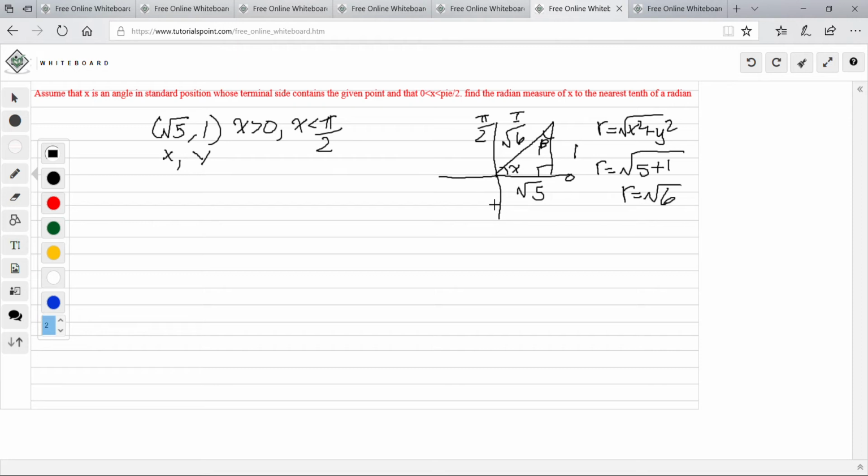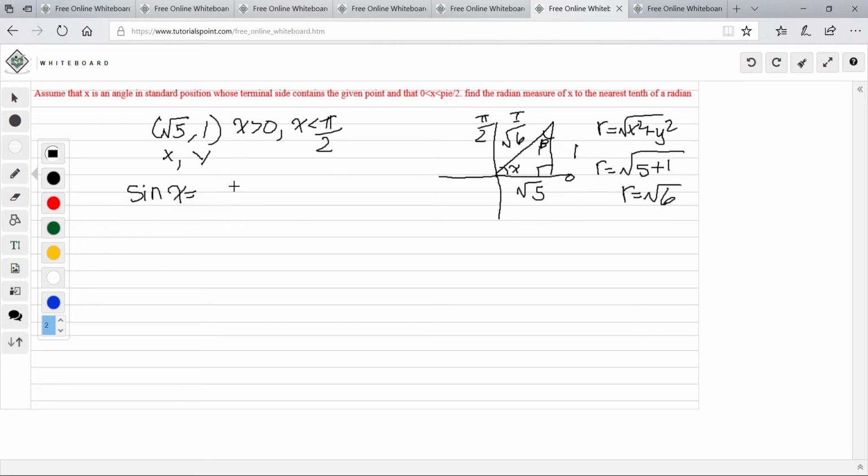So I've got to find this angle, right? This is the goal, I want to find this angle. So I will do sine of alpha.